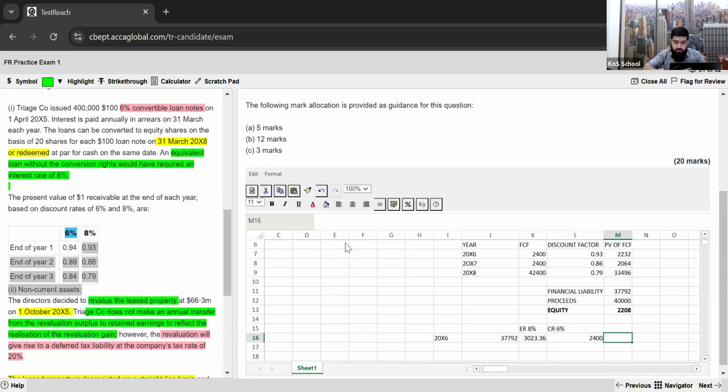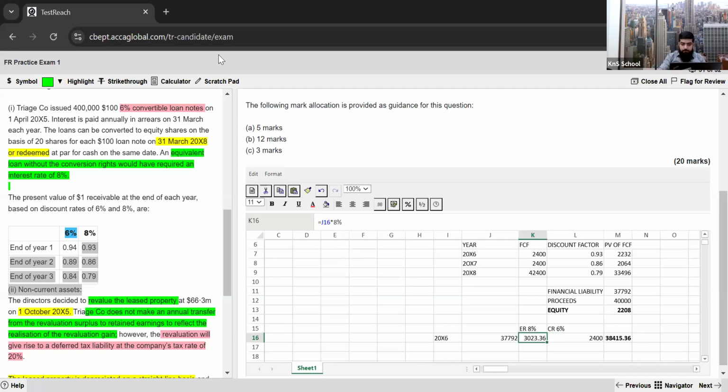So 2400 is the coupon. Liability plus effective rate, and then minus coupon. So 38415 is the closing liability. So we have calculated the effective rate.